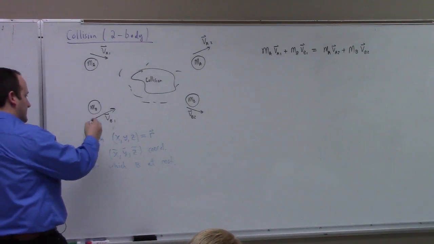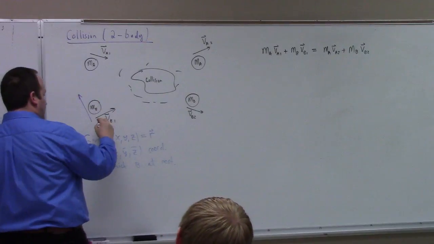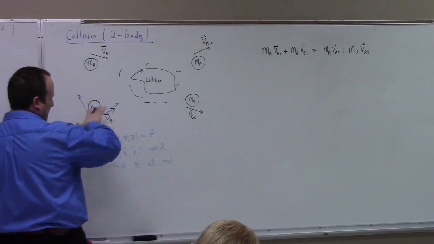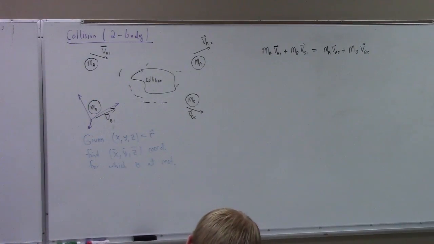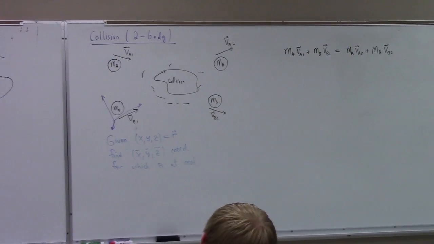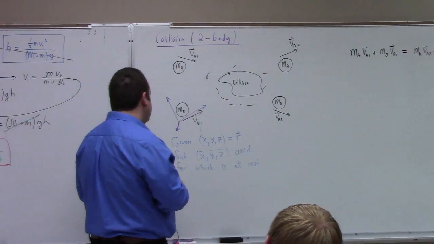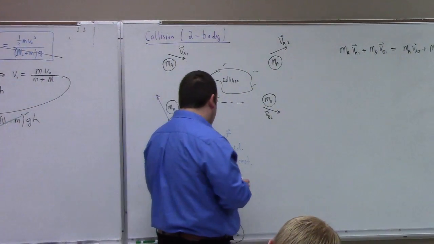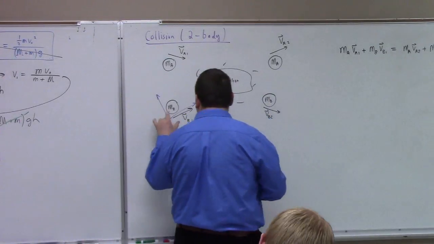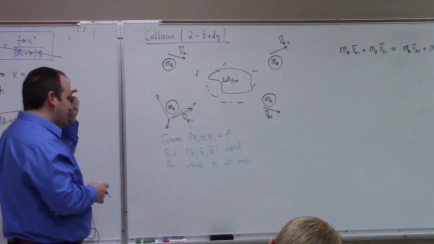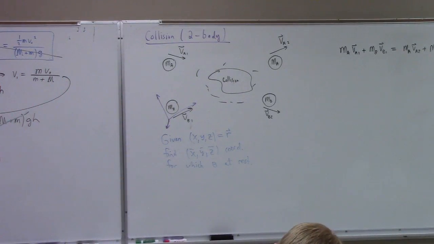All you do is imagine attaching a little co-moving coordinate system here like this, and just make it go in the VB1 direction. We can just pick a particular instant of time where the MB is at, and just say that's where the origin is at, and kind of go from there.